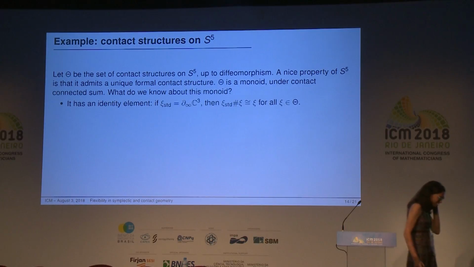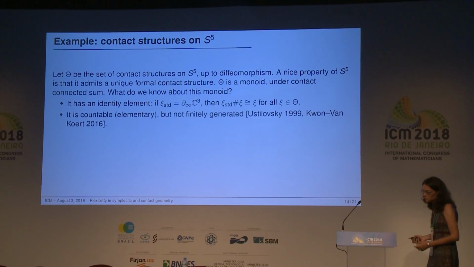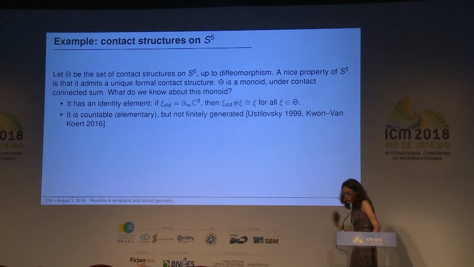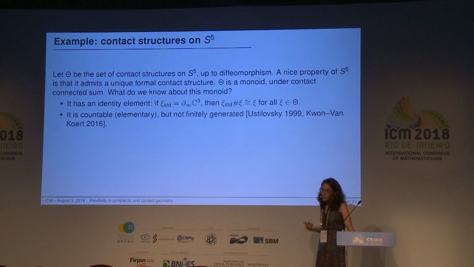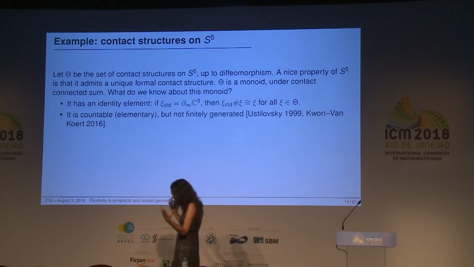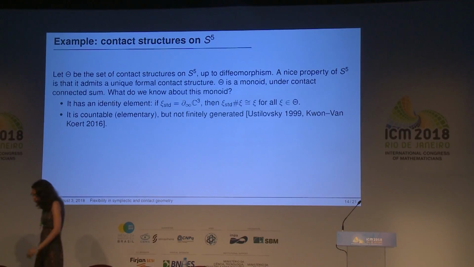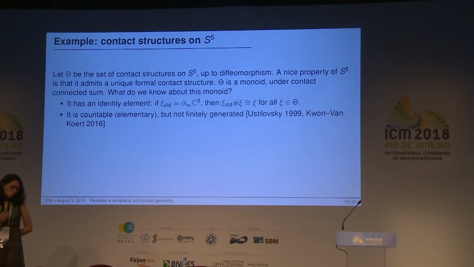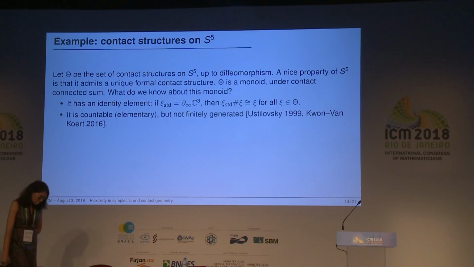We don't know very much. We know that it has an identity element, the standard sphere. We know that it's quite large. It's definitely going to be countable, just because it's a compact manifold and it's discrete. But it's not even finitely generated.